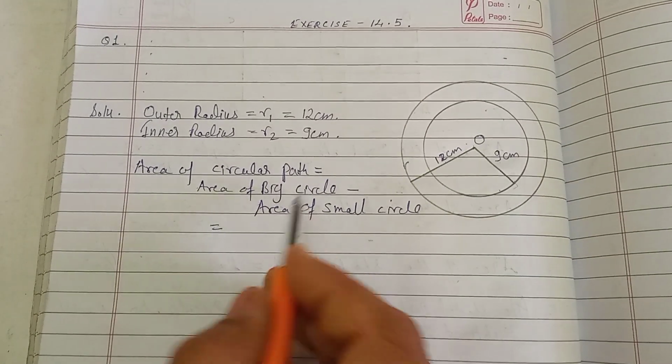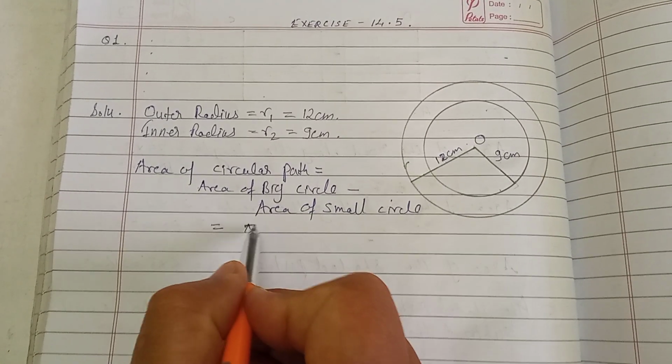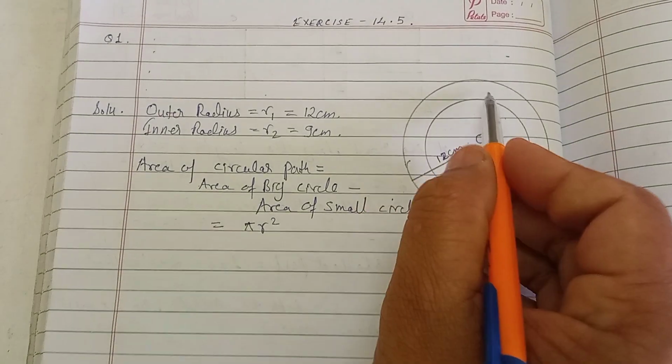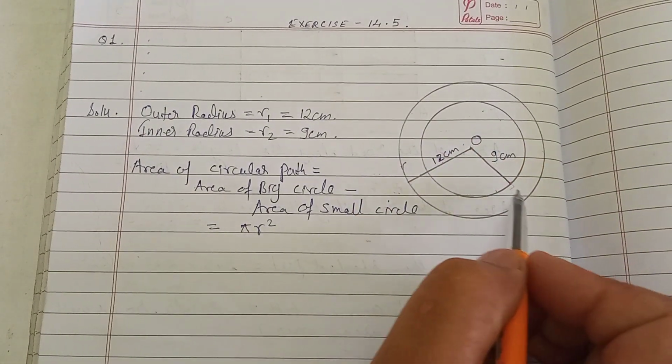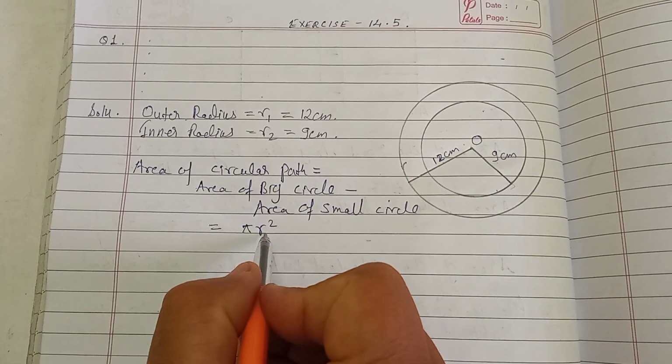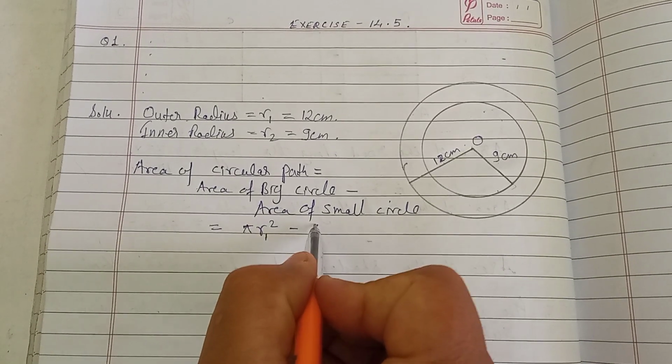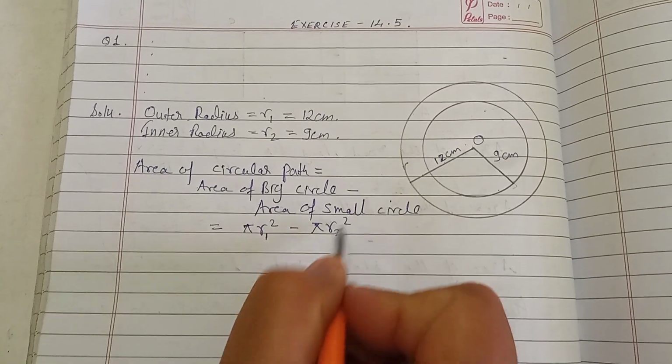Now, what is the formula of area? That is pi r square. What is the radius of the outer circle? We have taken r1, so it is pi r1 square minus pi r2 square.